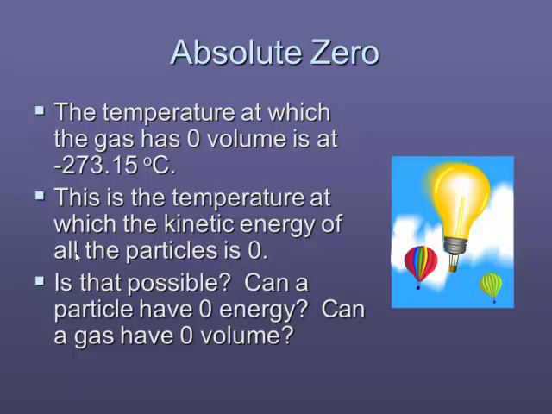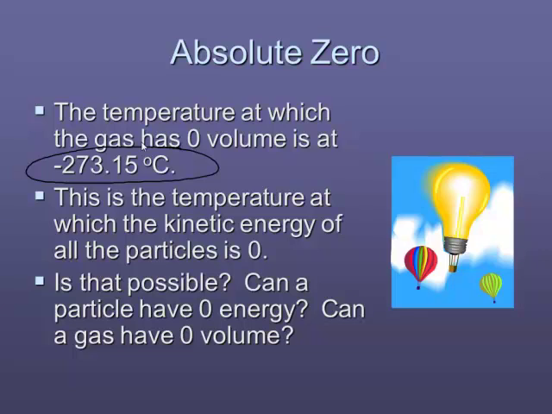It actually has a very specific temperature. It's a temperature at which you drop down to negative 273.15 degrees Celsius. Trust me, eventually you're going to memorize this number. This is the temperature at which the kinetic energy of all the particles inside the container is zero. In other words, no temperature.